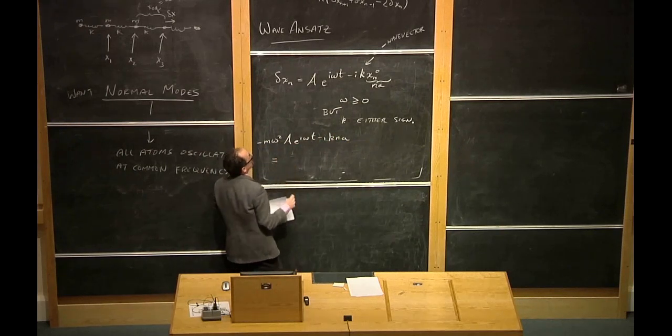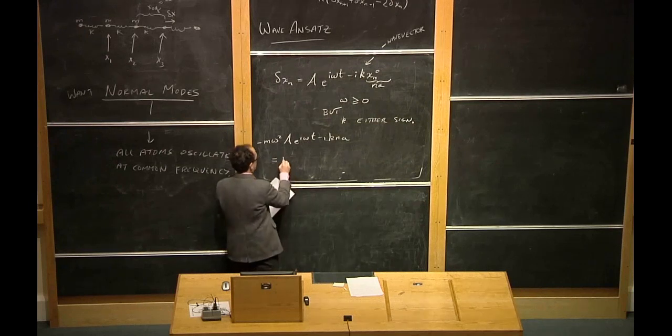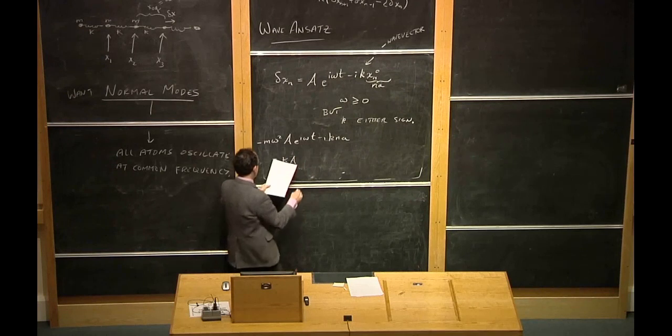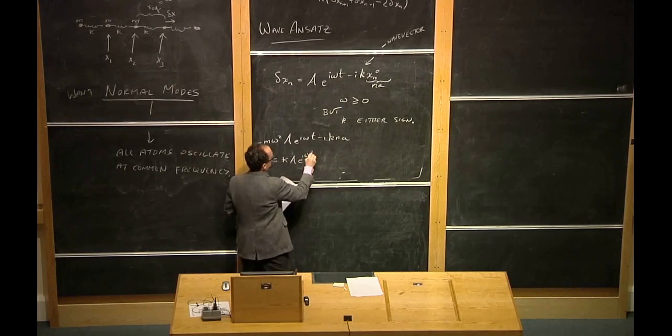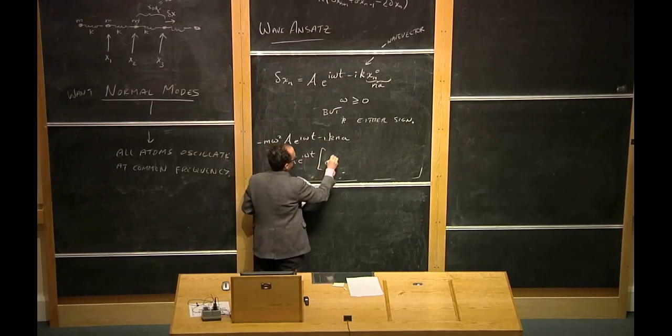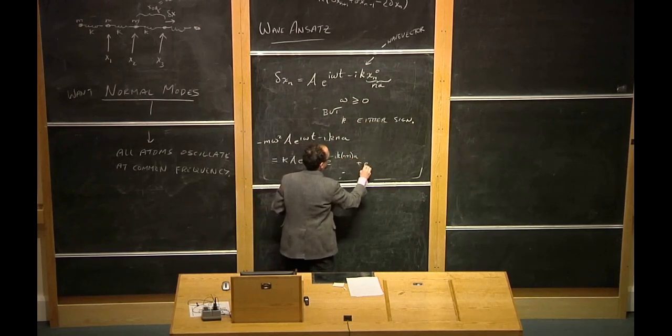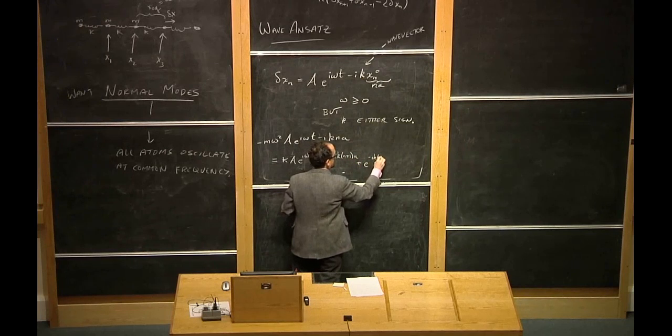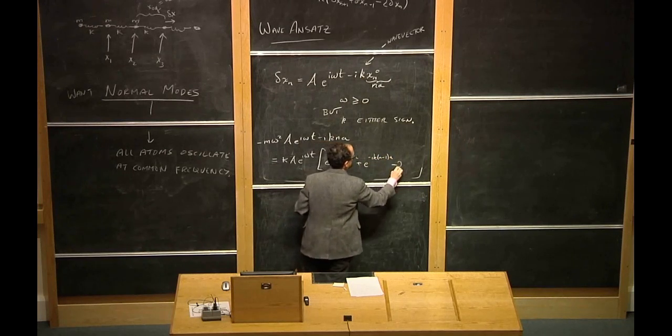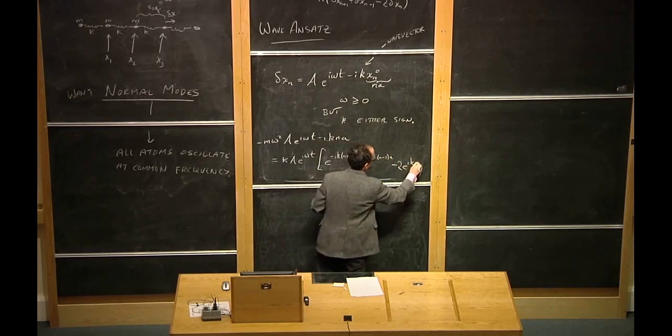And then on the right-hand side, we get kappa a, with an e to the i omega t which is common to all the terms. And then we get e to the minus i k (n plus 1) a plus e to the minus i k (n minus 1) a minus 2 e to the i k n a.